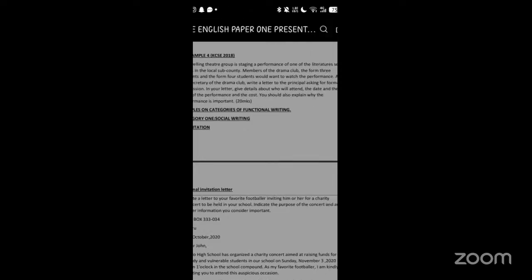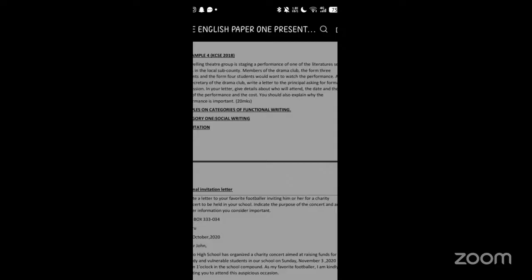Remember, there is a part I would really like us to practice when you're writing these letters. In the next lesson, as we wind up on this, I'll want us to do a few samples. What I see troubling students a lot is how do you write the title of that letter? Because it's a formal letter. You find the title written badly, it can't even score a mark. But remember, in the body, you're supposed to talk about those things. Number one, what is the objective, what is the importance of writing this letter?